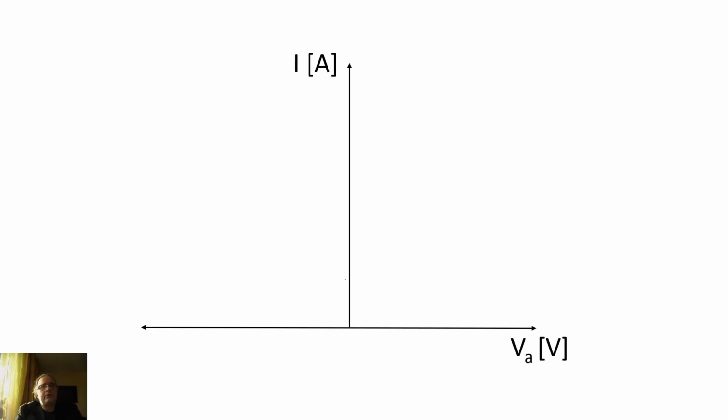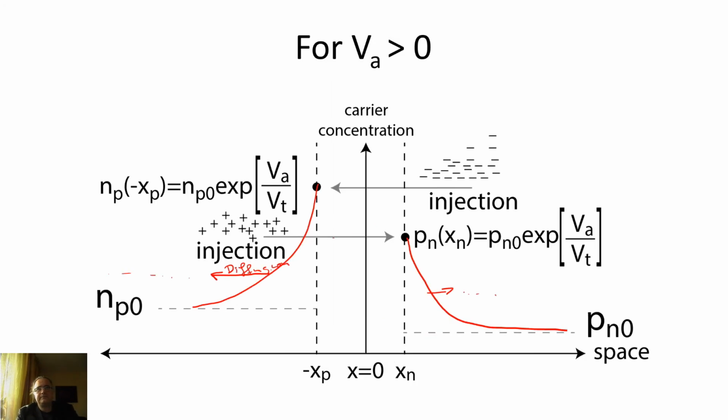Now we can plot the current. At thermal equilibrium, of course, we don't have current, so this is this point. And for positive Va, we saw that we have some sort of an exponential function, which is governed by this function. As the injected excess carriers are increasing exponentially with Va, the current will be increasing exponentially.